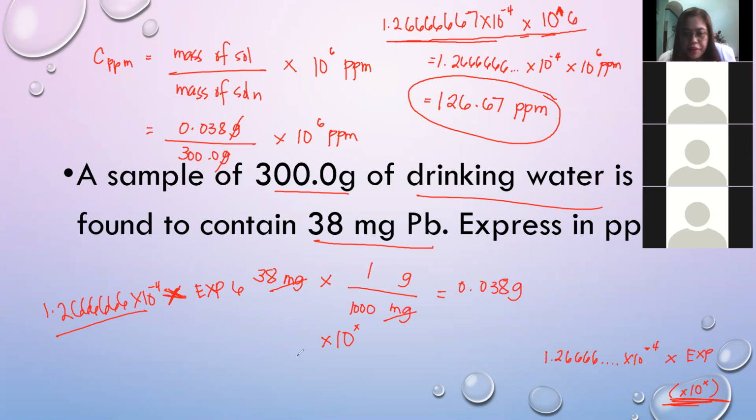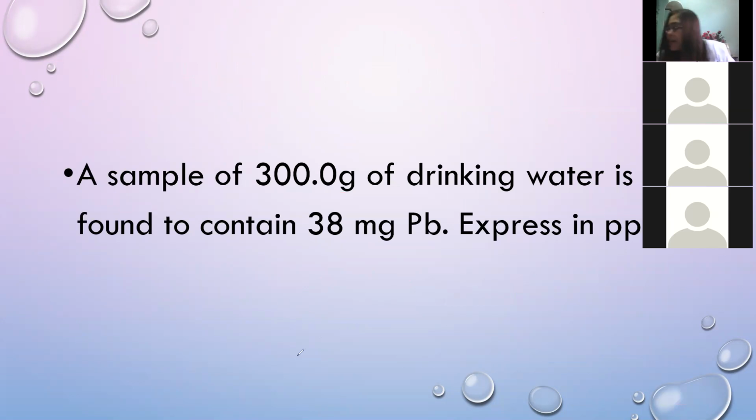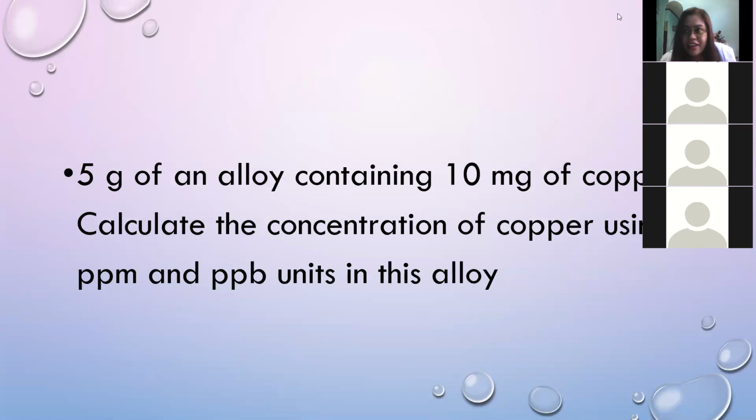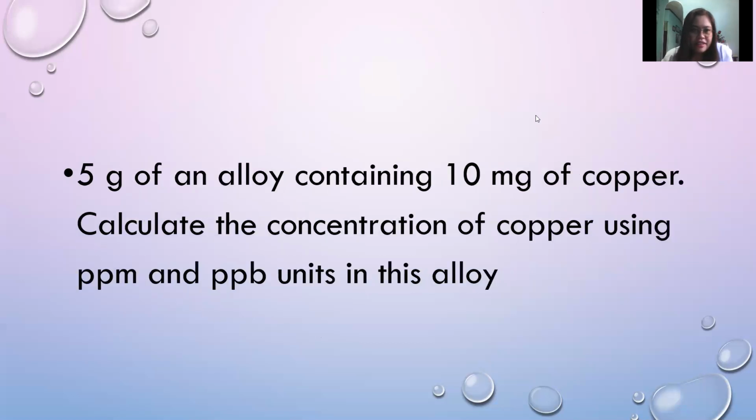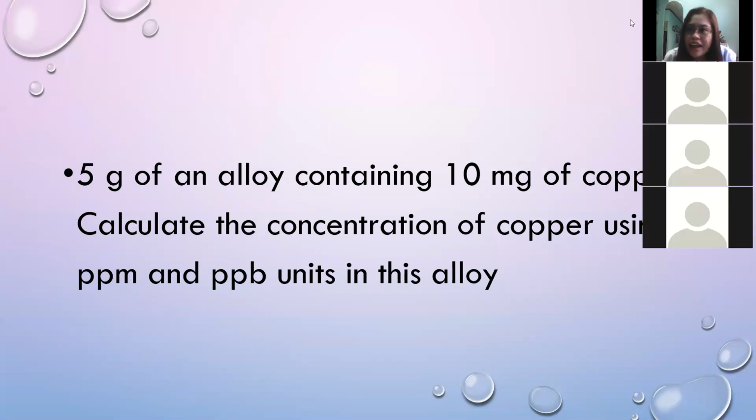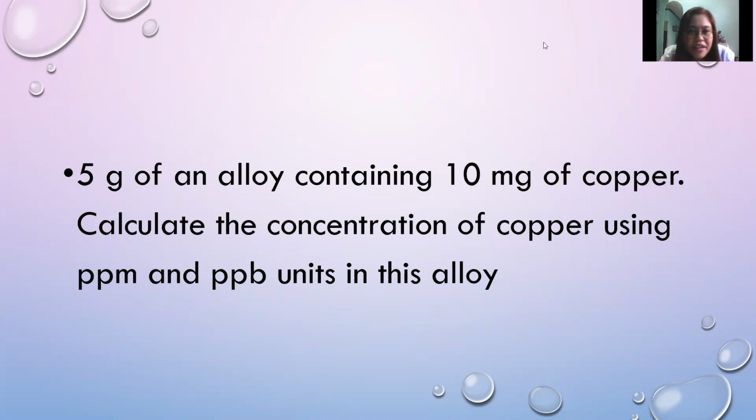Let's have another one before we end. I still have my training this morning, so we have an exam at 10 o'clock. This one: 5 grams of an alloy. An alloy is a combination of metals, right? So 5 grams of an alloy containing 10 milligrams of copper.